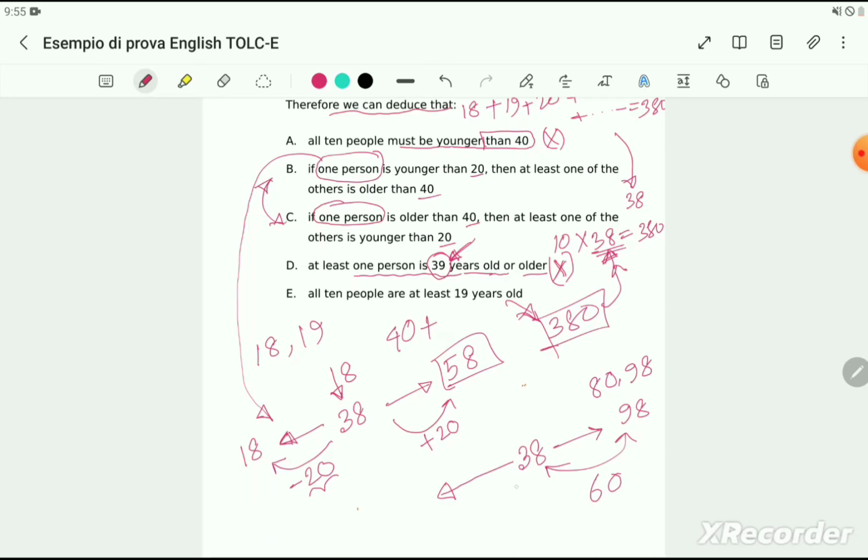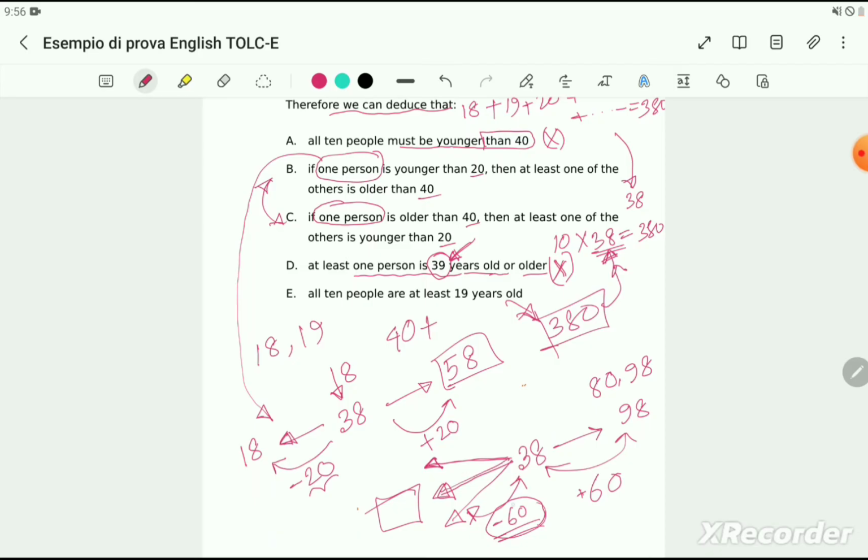So look, can we do minus 60 from here? Is it possible? If we do minus 60, the age would be negative. So in that case, this minus 60 actually has to be divided among more than one people.